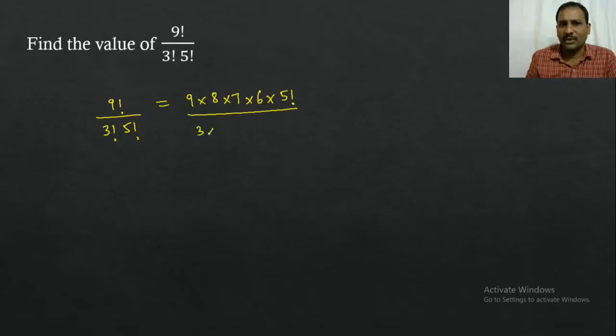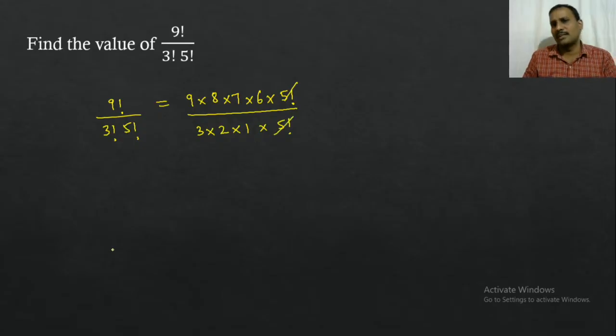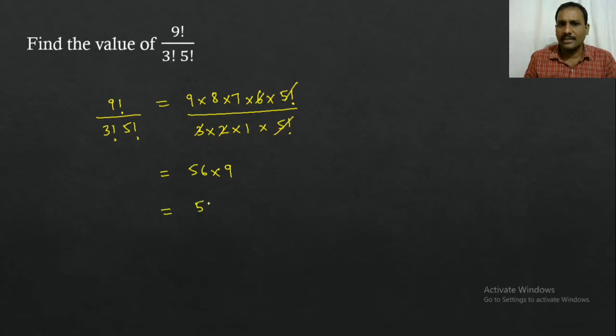And 3 factorial I am writing as 3 into 2 into 1, and 5 factorial I am writing as it is, so that we can cancel both the 5 factorials in the numerator and the denominator. And the 3 twos are 6 gets cancelled. So 7 eights are 56. 56 into 9, that is 560 minus 56, I can write it as 504 if I am right.